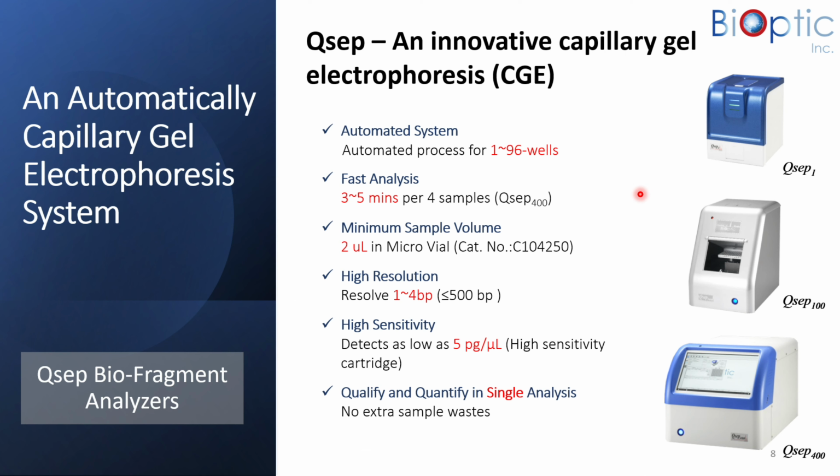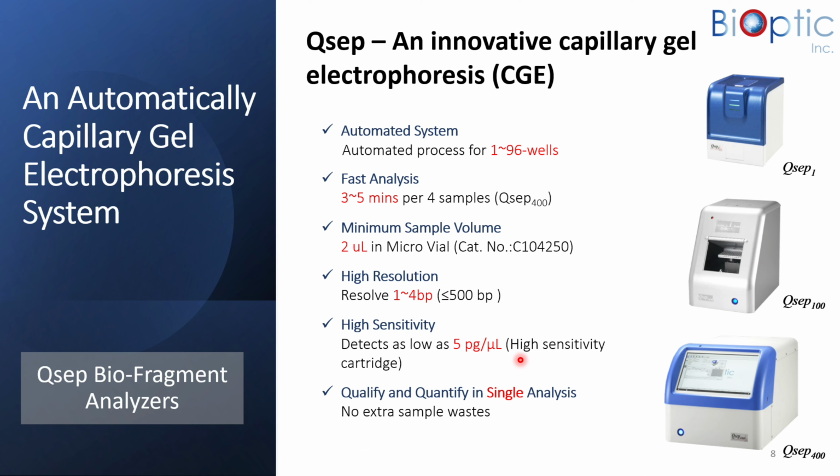QSAP is an automatic system that can process 1 to 96 samples without gel preparation and manual sample loading. And all analysis can be completed in a few minutes with low sample consumption and good performance, high resolution, and high sensitivity. QSAP can resolve 1 to 4 BP and detect 5 picogram per microliter samples.